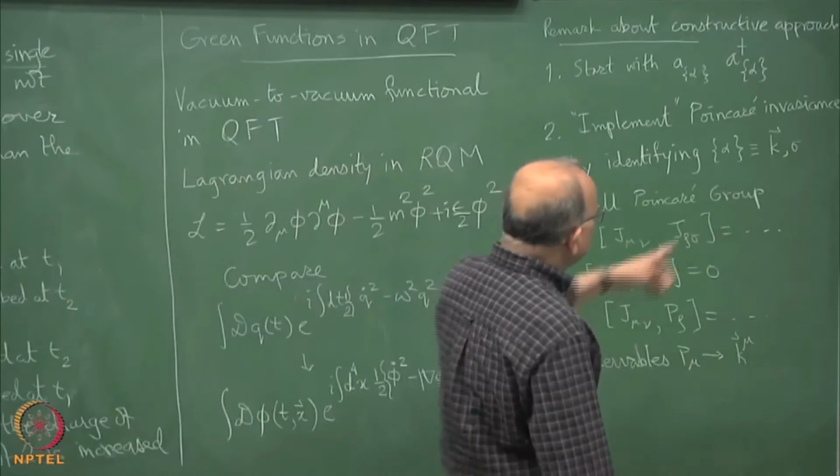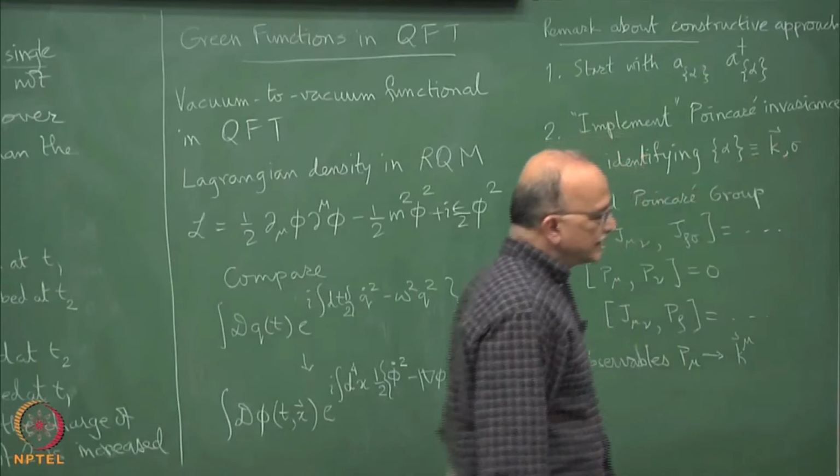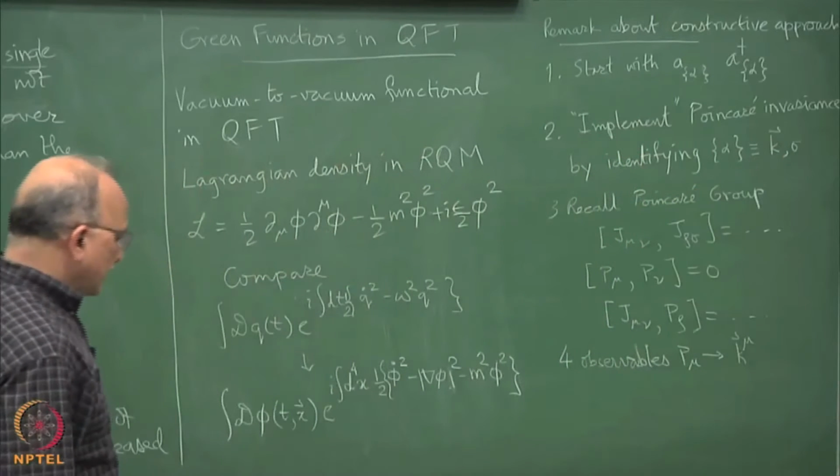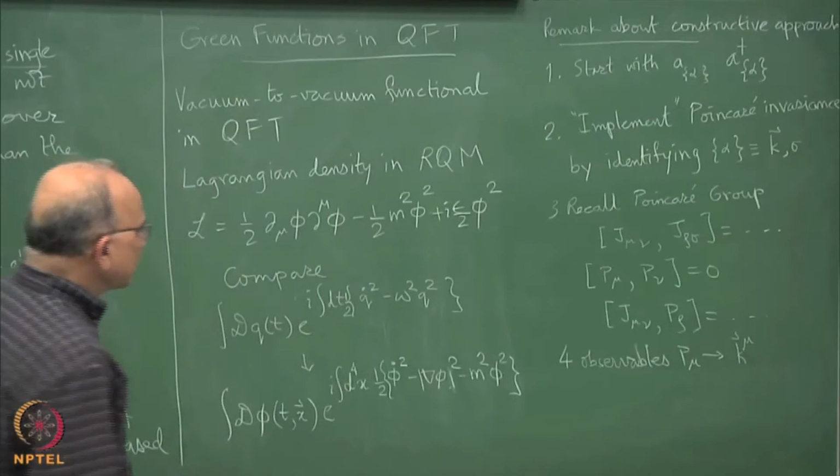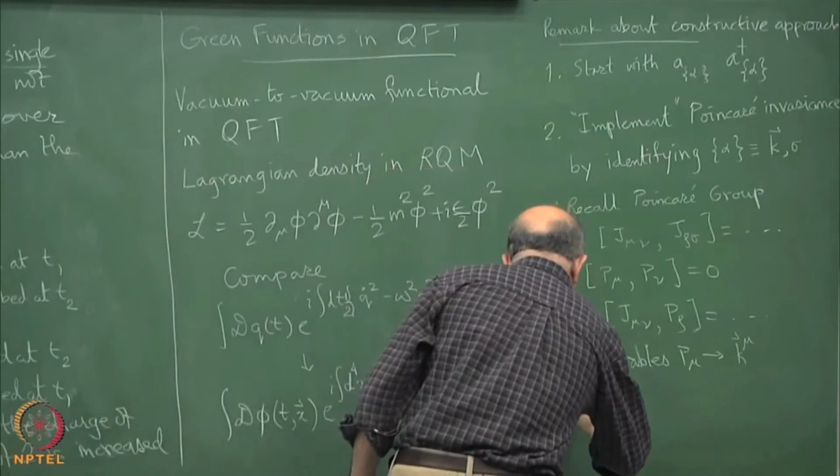Which become K mu, but remember that this will be using only the space like K, because there are 2 Casimir invariants.